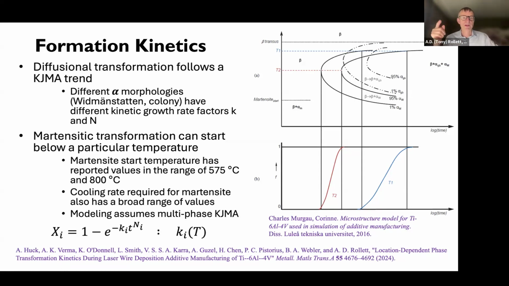And so, remembering to explain the white bands, the way that comes about is if you reheat the material, which always happens or almost always happens in additive manufacturing, and you take the material up to the very top of the alpha beta range, but not quite high enough to completely turn it back into beta, then you can get rapid coarsening of that lath structure such that you end up with colony structure.